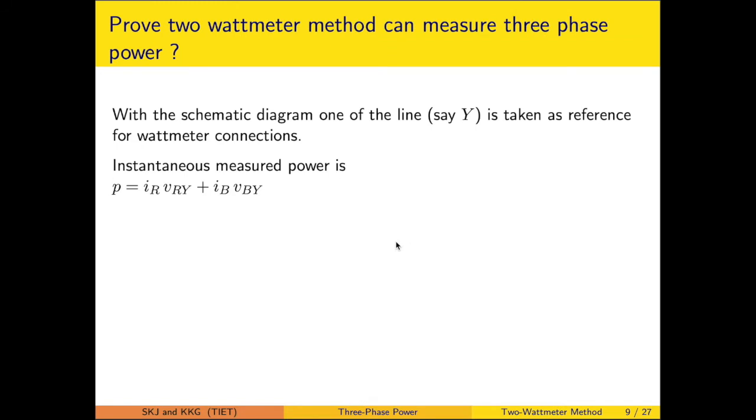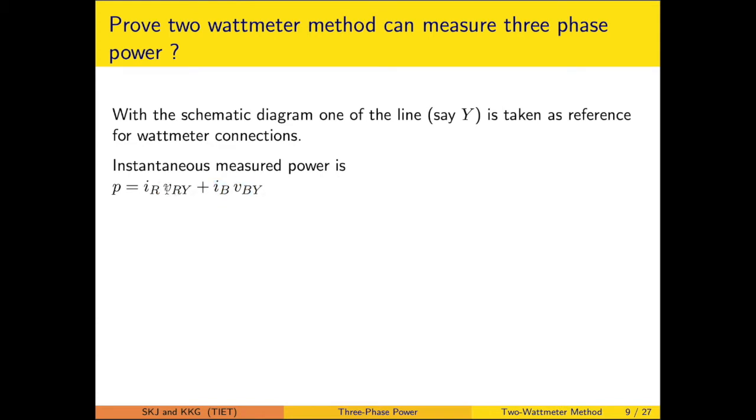Now the question here is how these 2 measurements give us the 3 phase power. On an instantaneous basis, we are measuring IR, VRY, and another current voltage pair, IB and VYB.